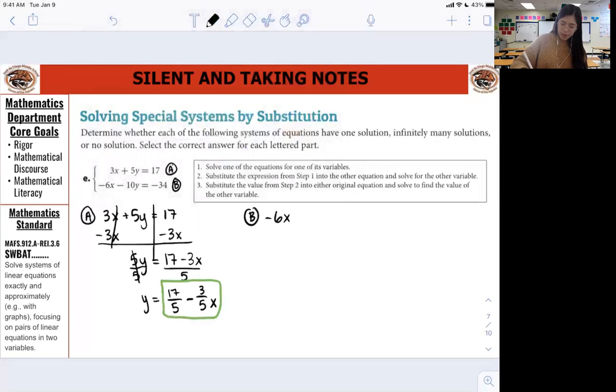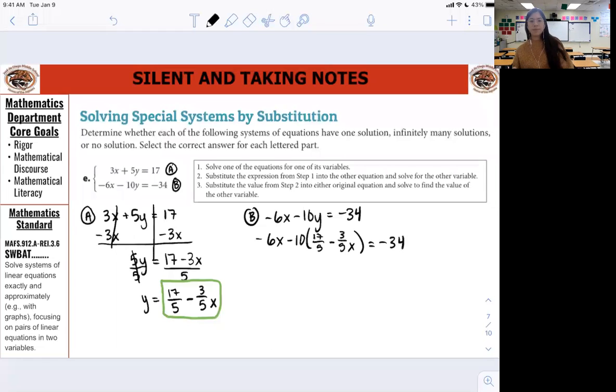Am I plugging it in for X or for Y? Y. For Y, good. But I feel like something good might happen here because we're going to have to multiply things by 10. I think that's easy. Hopefully that means my fractions will kind of cancel out on me. Let's find out.